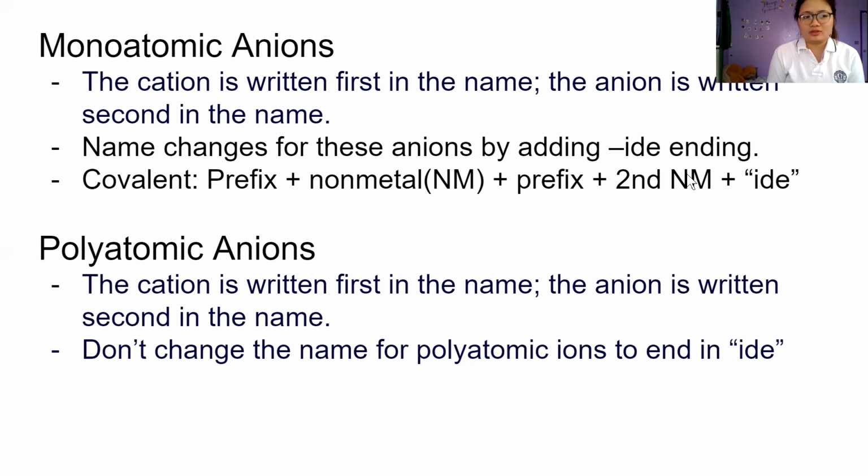And for this one, we don't change the polyatomic ion to end with IDE. We simply say the name of the polyatomic ion after the cation. We don't change the name of the polyatomic ion. It means no IDE at the end. No IDE at the end.